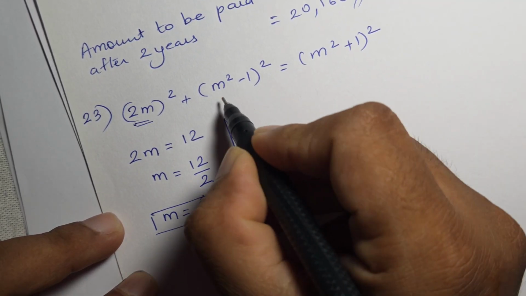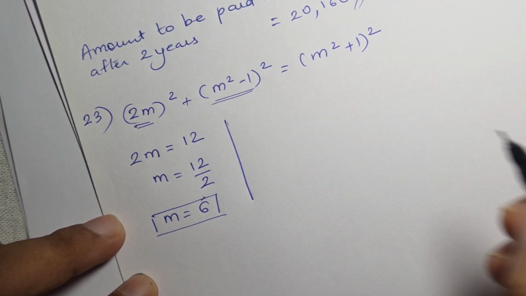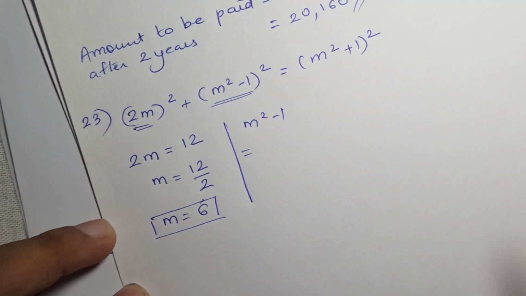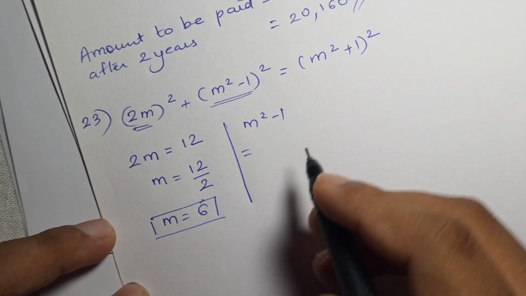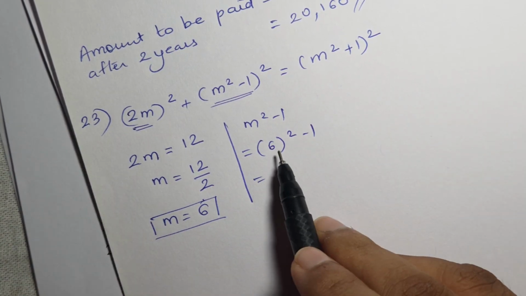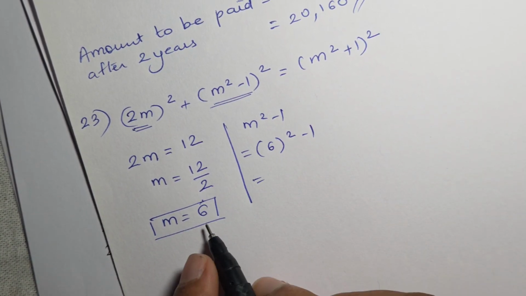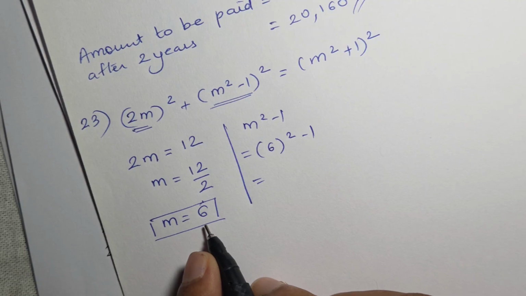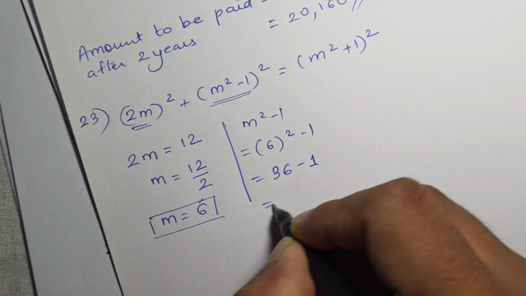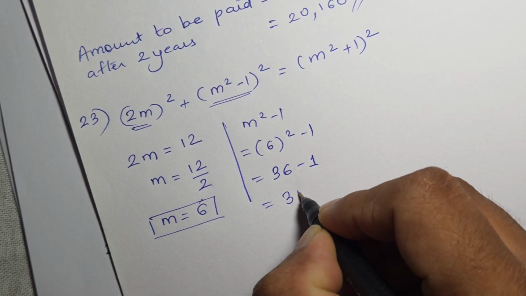Now let me take the second part of this, that is m square minus 1. What I will do here is just substitute the value of m. What was the value of m? I have found it to be 6. So 6 square is 36 minus 1, and 36 minus 1 is 35.